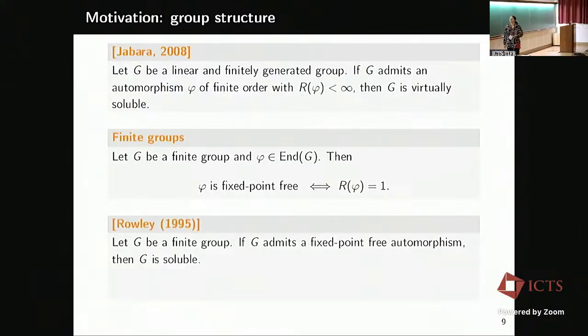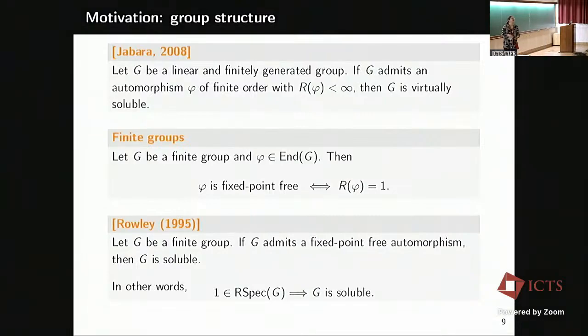But then Rowley showed that actually, if you have a finite group that admits a fixed point free automorphism, this group is soluble. So we could also rewrite this as having 1 in its Reidemeister spectrum implies that G is soluble. So yeah, we have some connections between Reidemeister numbers and group properties.